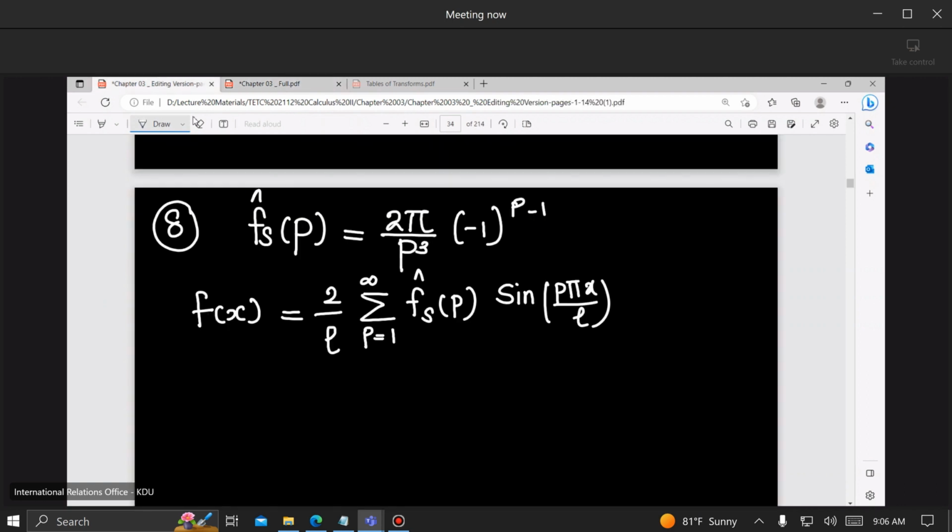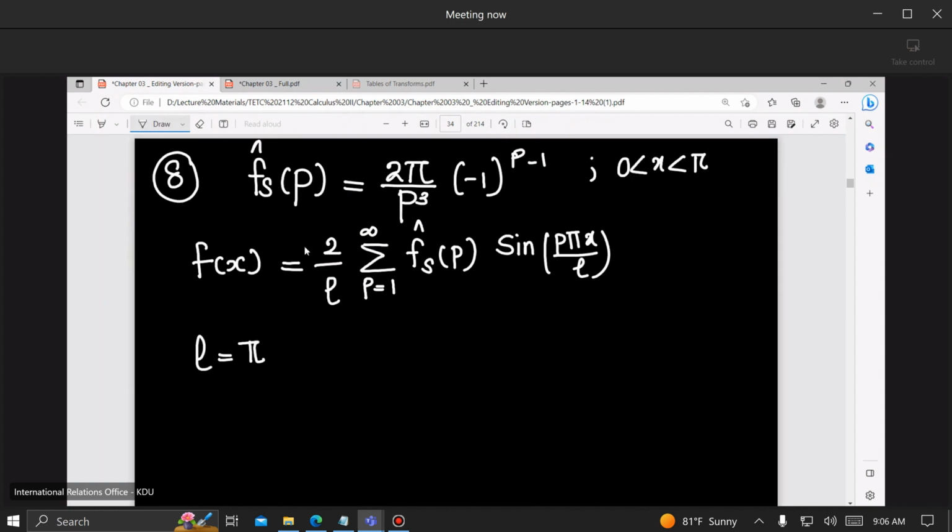This is also an important detail for this problem. x varies from 0 to 5. So by using this, we can identify the value of L. What should be the value of L here? L is equal to 5, and we have our f hat s of p. So let's substitute those values in formula number 4.